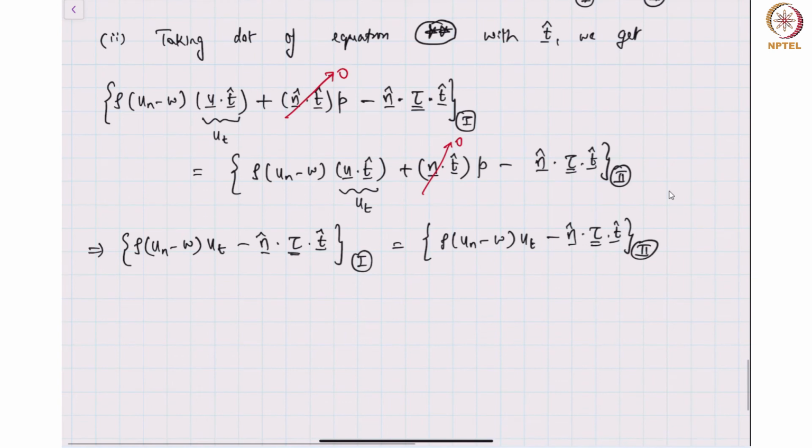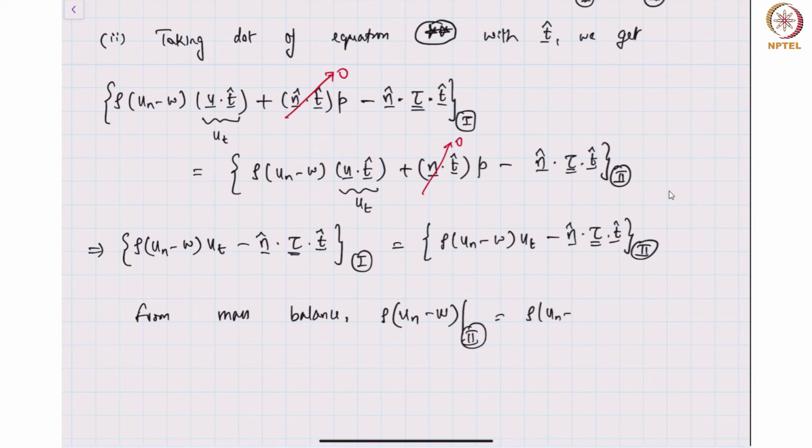over region 2. Okay. But we also know from mass balance, the jump conditions that we have derived from mass balance, what we have already derived a simple relationship, which is density rho times (u_n minus w) over region 2 is same as over region 1.